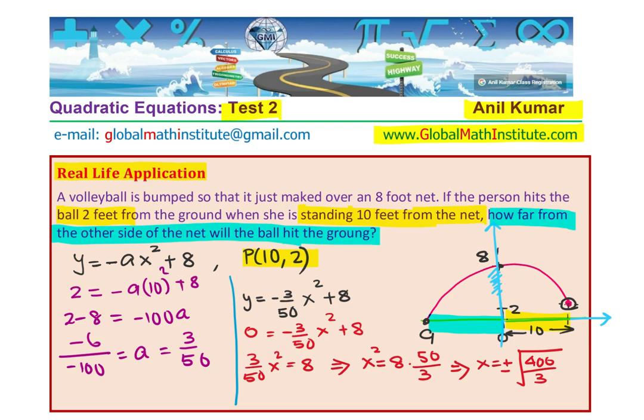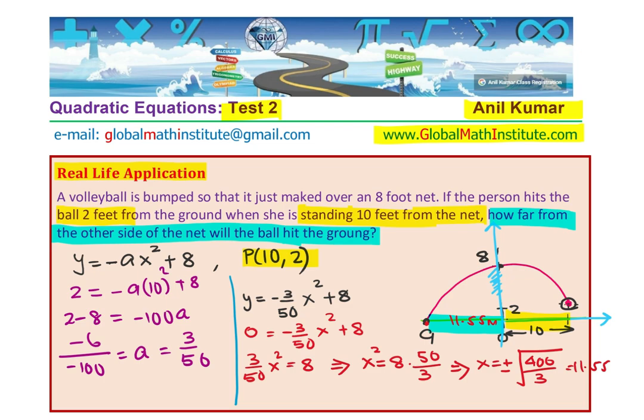So we have 400 divided by 3 and square root of that, which gives us the decimal value of 11.54. 11.55, I'm rounding. So this is 11.55 meters. So the ball will land 11.55 meters on the other side.